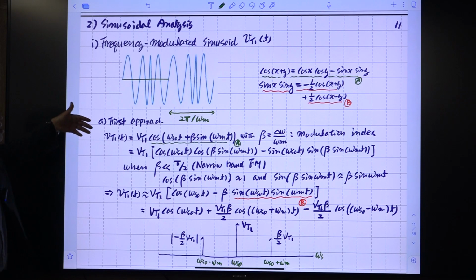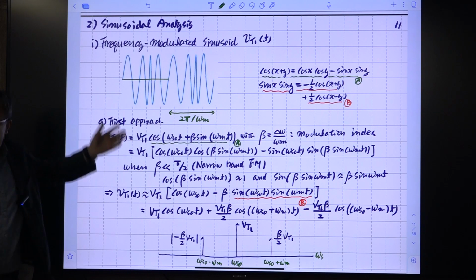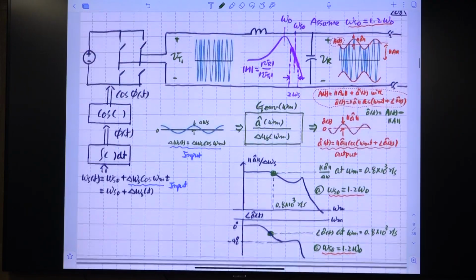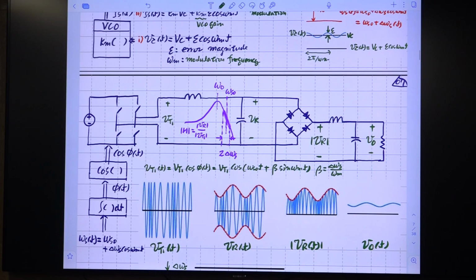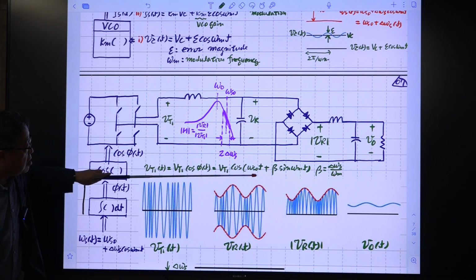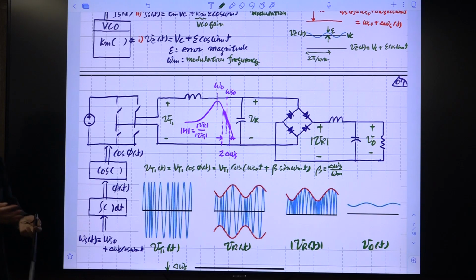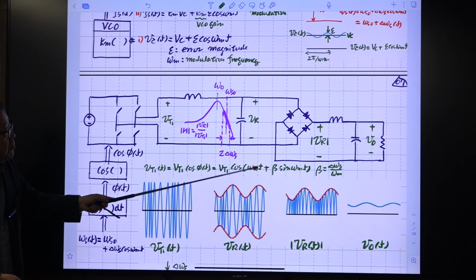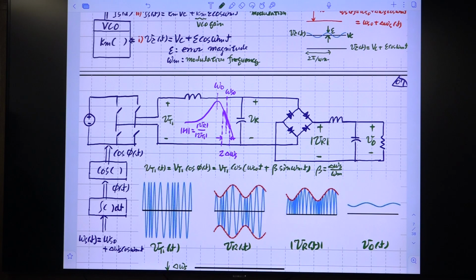We have a mathematical representation of this waveform. That was shown previously somewhere here. This is the equation of VT1. We have a cosine, and we have two time varying components. One is this one, this whole thing can be considered x, and the other one considered y.